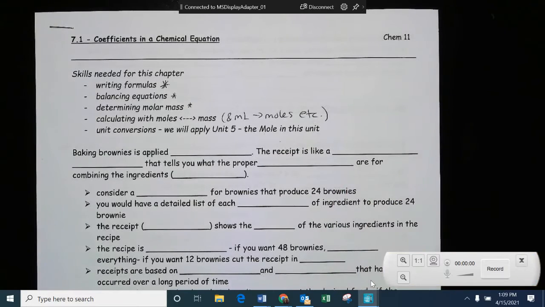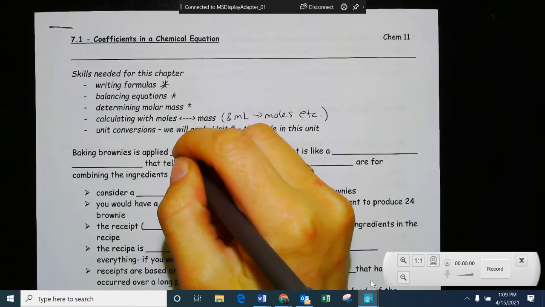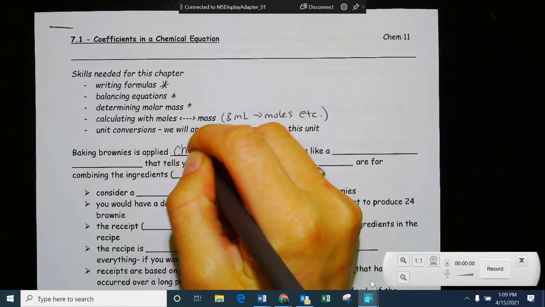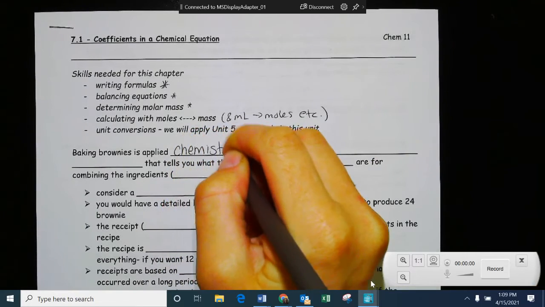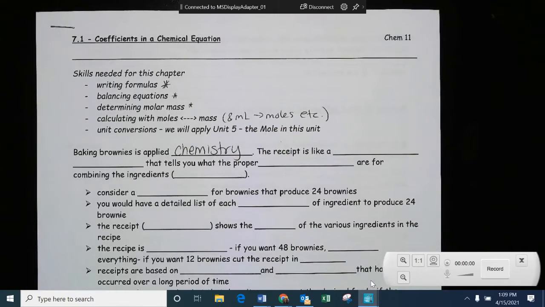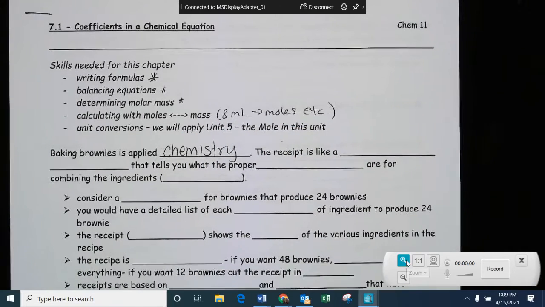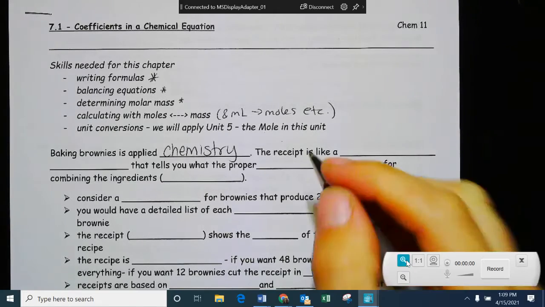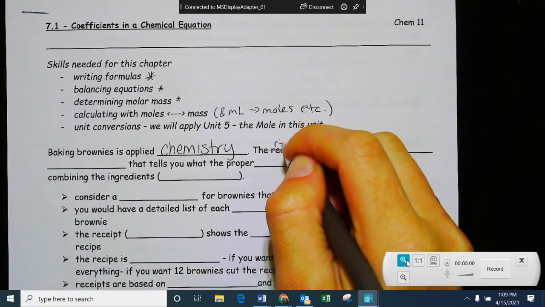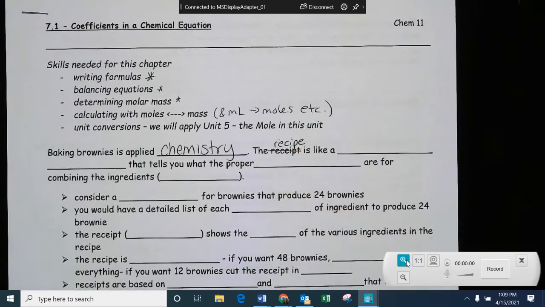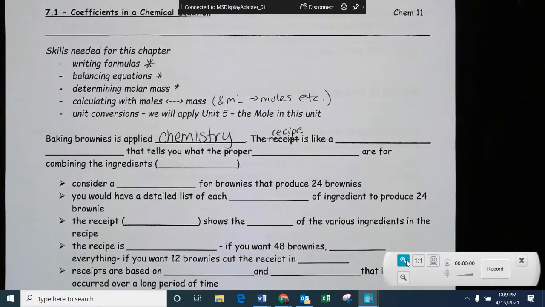So making soap and baking brownies are both applied chemistry. And we're going to be looking at a lot of applied chemistry in this unit where we're actually taking a, it says receipt, sorry, that should say recipe. Where we're actually taking stuff and figuring out how many ingredients or reactants we need.